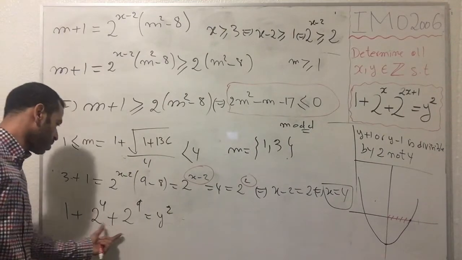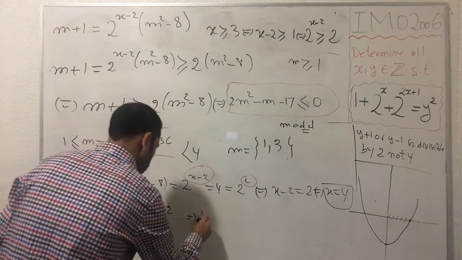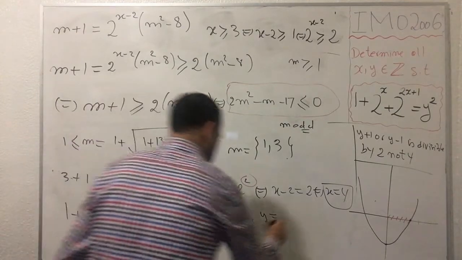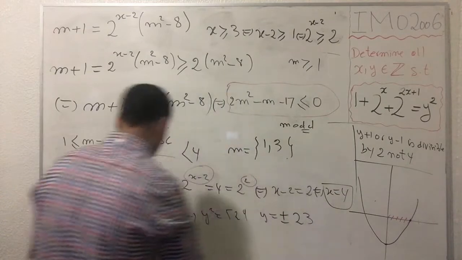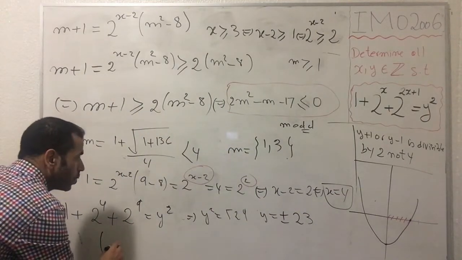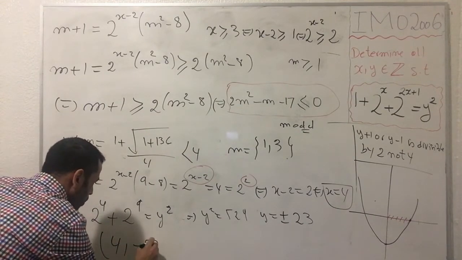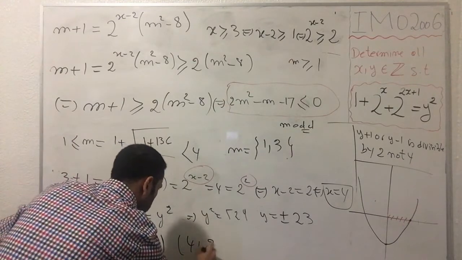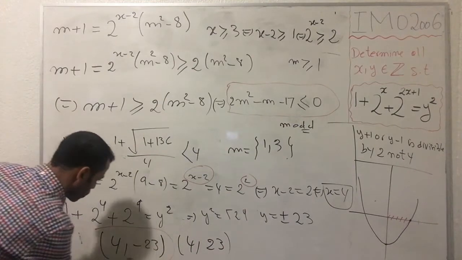If you do the arithmetic calculation here, you will find y squared equal 529. You will find y plus or minus 23. Okay? So the solutions we have for x, we have 4 with minus 23 and 4 with 23. Okay? This is a new solution for this one.